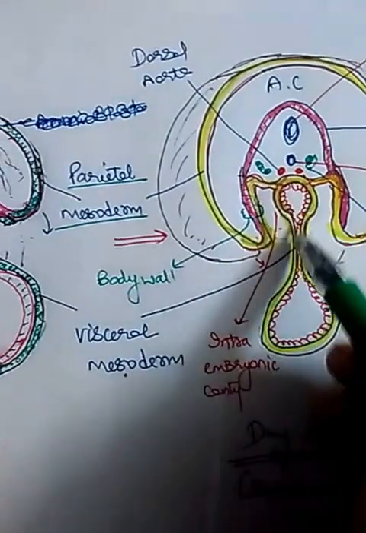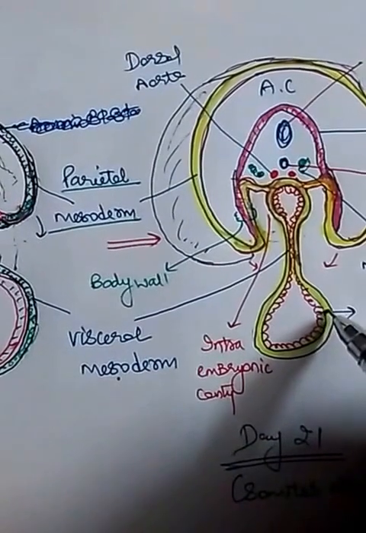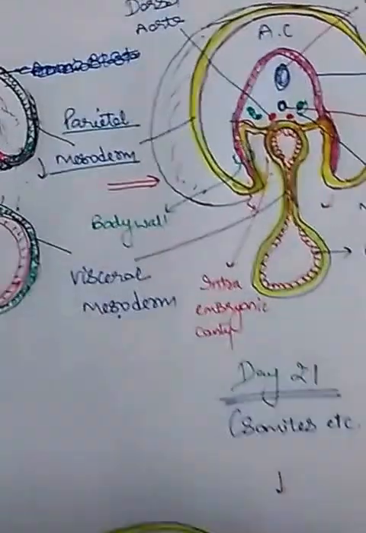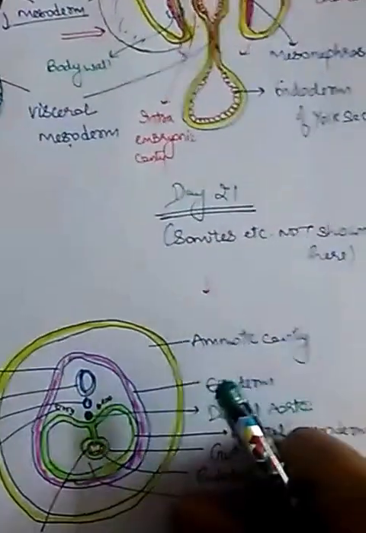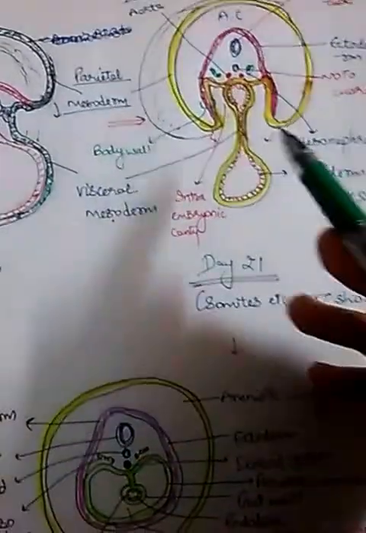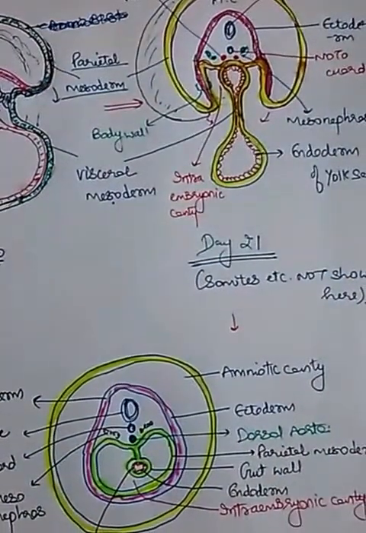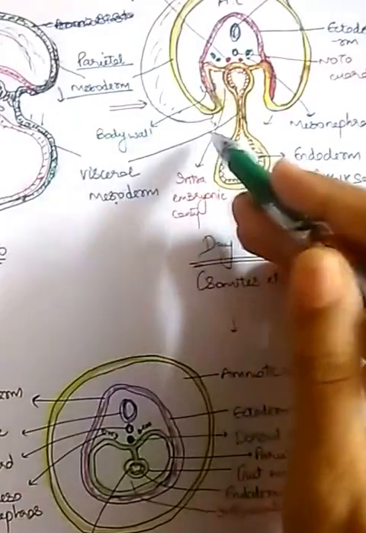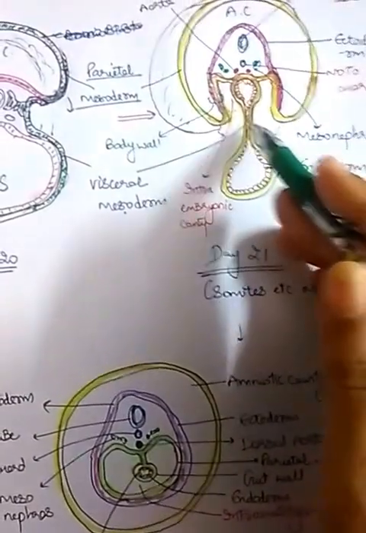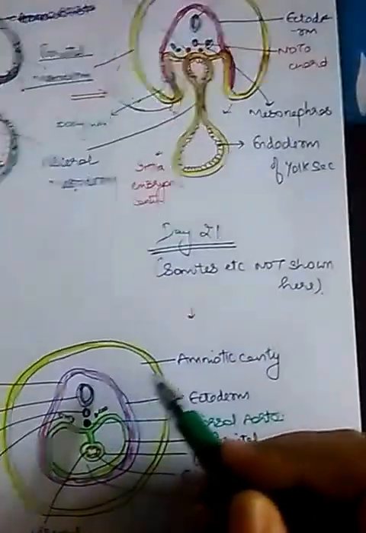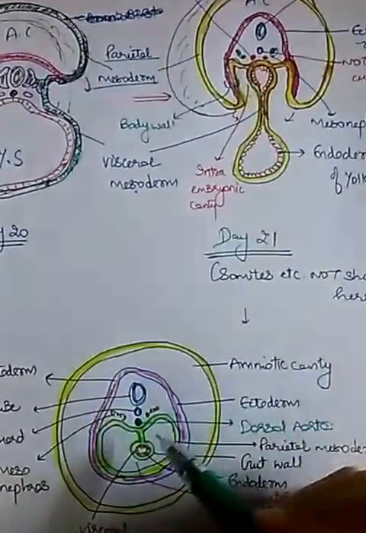In the inner part we know this is endoderm, so it will become like this. This is the endoderm of the yolk sac, and around that there is the visceral layer of lateral plate mesoderm. Now more and more folding occurs, and finally it becomes like this. Finally, this kind of structure we obtained. You can compare it with the upper one.